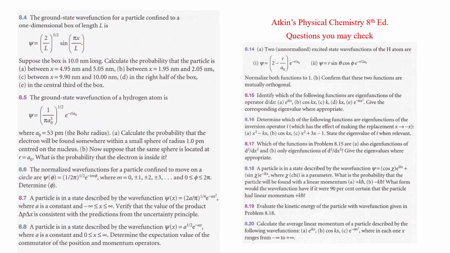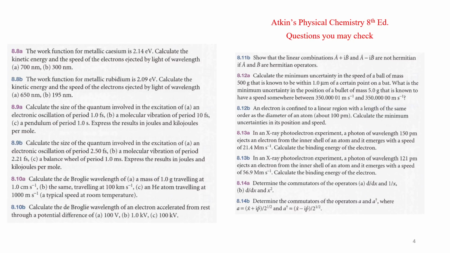So the energy of the incident photon will be equal to phi plus kinetic energy. That is phi plus half m v square. The lambda given was 150 picometer, right?